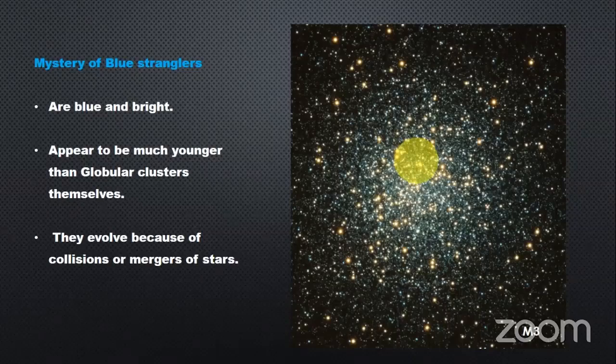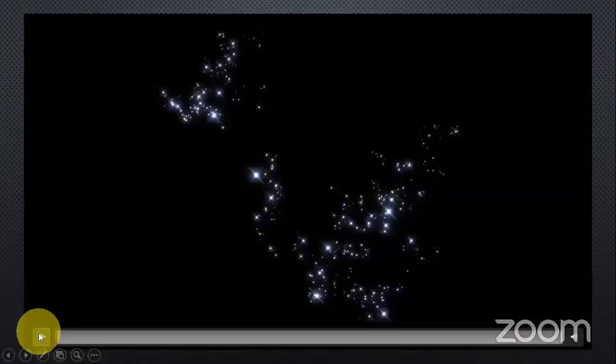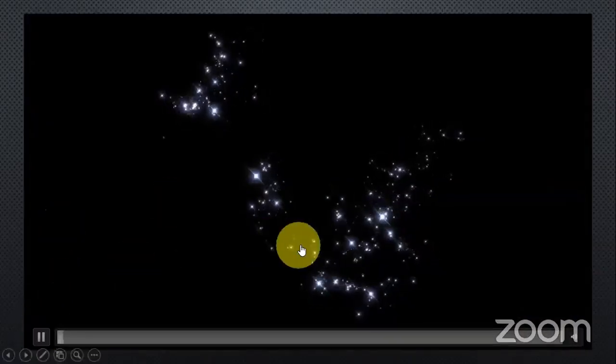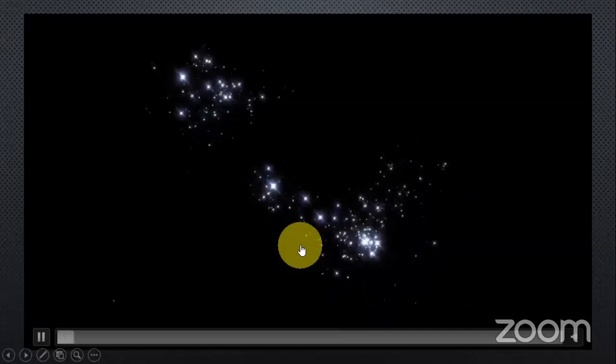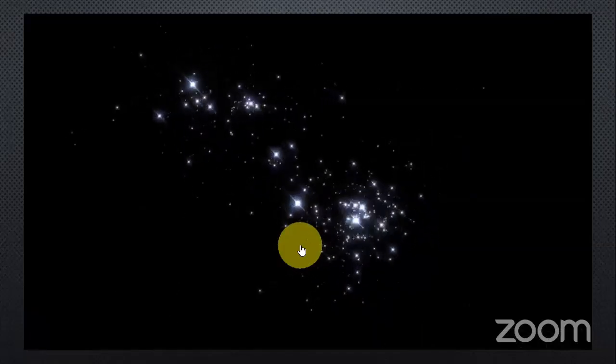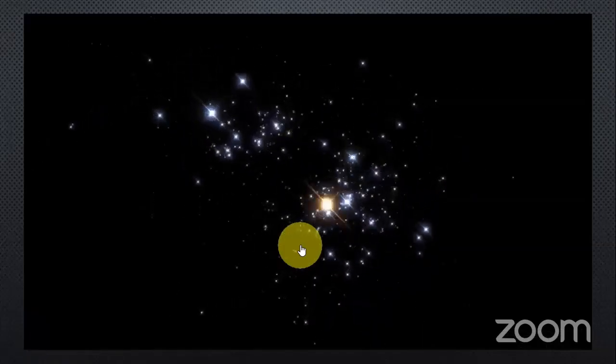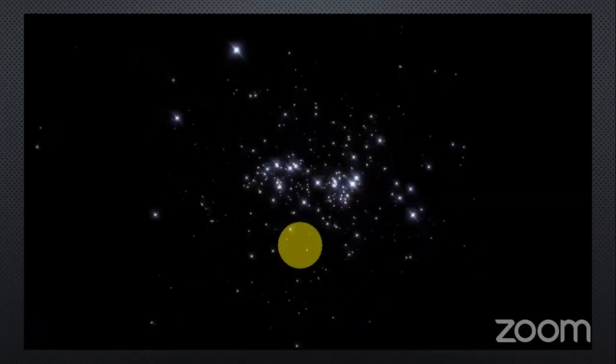What was happening is that these stars collide with themselves. When two stars collide, their mass will increase, and that will overall change the star's evolution. Let me show you what I mean. Remember what I told you about the motion of stars in a globular star cluster? The stars are moving in different directions, and they collide.